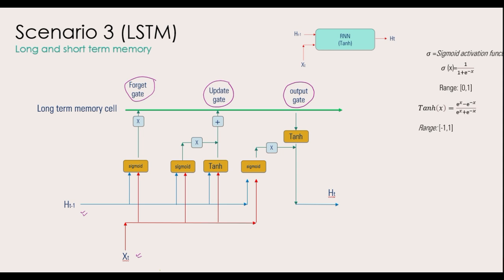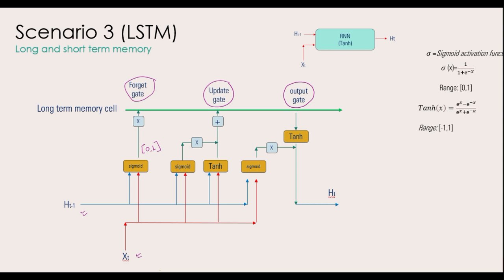We can see here the output from this sigmoid function is getting multiplied with the existing long-term memory cell, and we know the value of the sigmoid function varies between 0 and 1. This means if we multiply any value by something less than 1, we get a fraction of it. So after this multiplication, we get a fraction of the long-term memory.